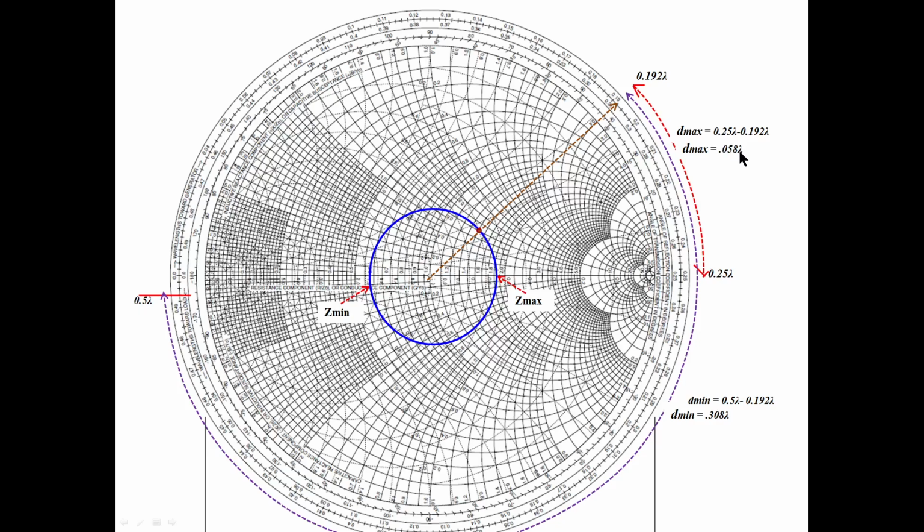You can get the value of lambda from the given frequency, using C by F. Multiply this by that value and you will get the value of this distance. Like that you can find a distance anywhere over the transmission line, what distance you are from the load.